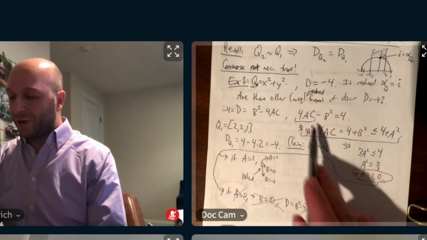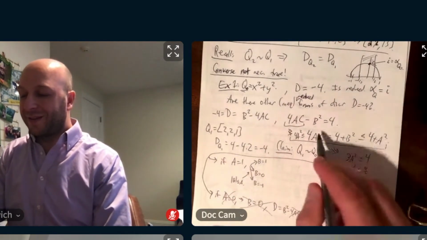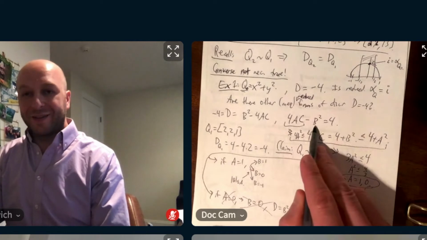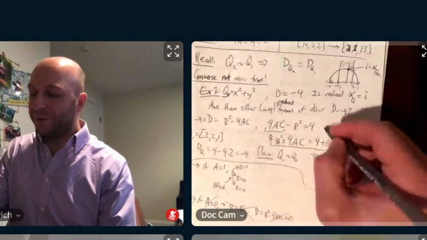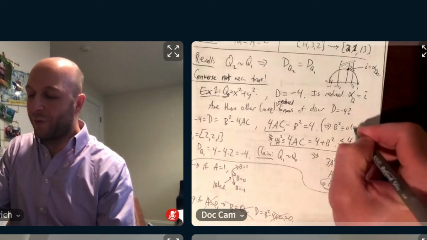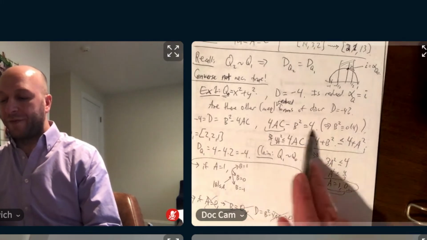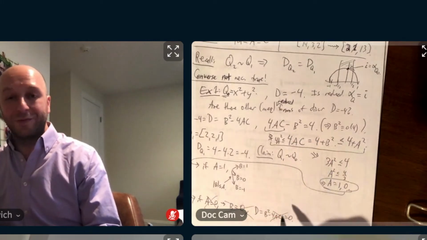Now, let's look all the way back up here. What do we know about B? This will imply that B squared is 0 mod 4. If we look mod 4, we have B squared is equal to 0 mod 4.